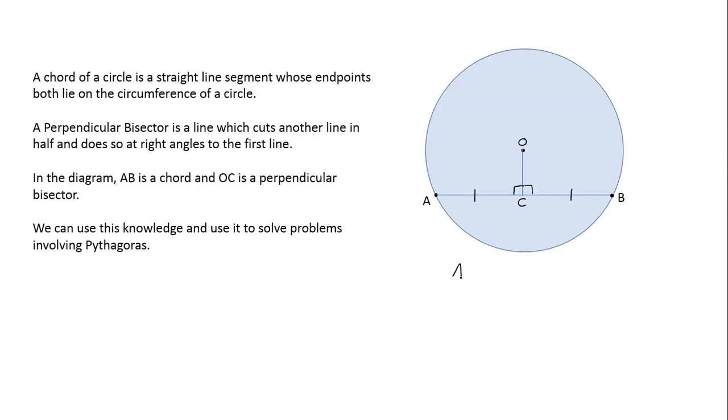So we can say that AC is equal to BC. Those lines are the same length because they've been cut in half. This is important knowledge for some problems in Pythagoras. Tends to be exam style questions. This comes up quite often during the course of an exam, so it's important that we look into it in more depth.